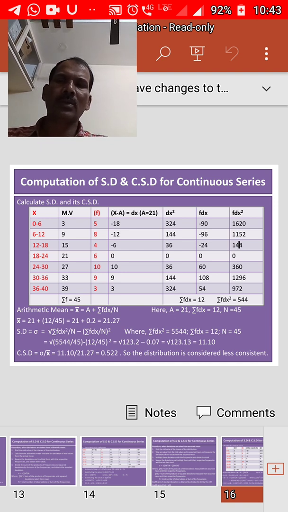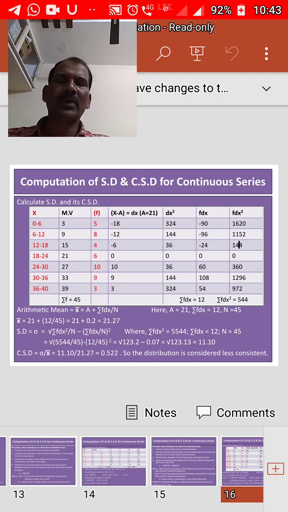Substituting all these values, small sigma is equal to under root 5544 by 45 minus 12 by 45 whole square, under root 123.2 minus 0.07, which is equal to under root 123.13, which is equal to 11.10.